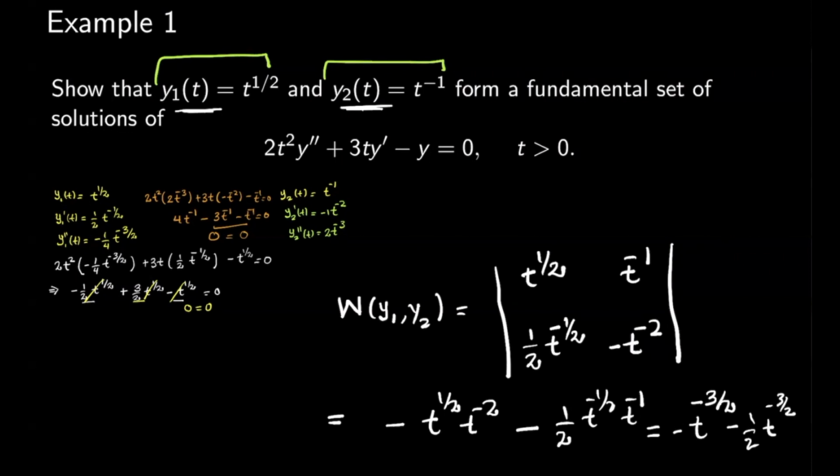So therefore your Wronskian, if you combine them, is minus 3 half t to the power minus 3 half, which is not equal to 0 because t is strictly positive. Therefore, y1 and y2 form a fundamental set of solutions for our differential equation.